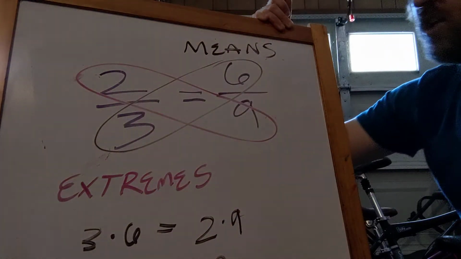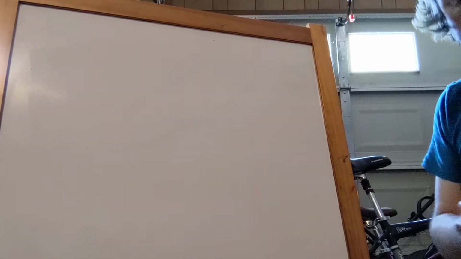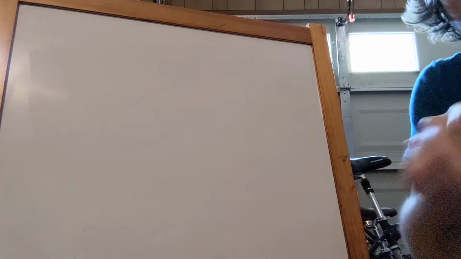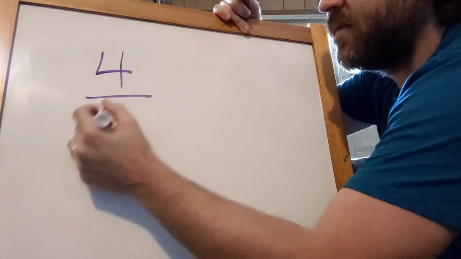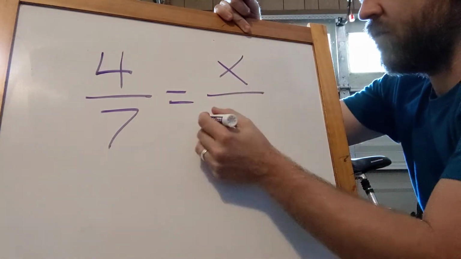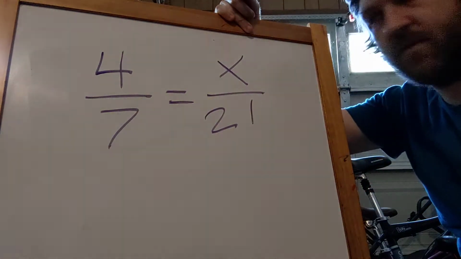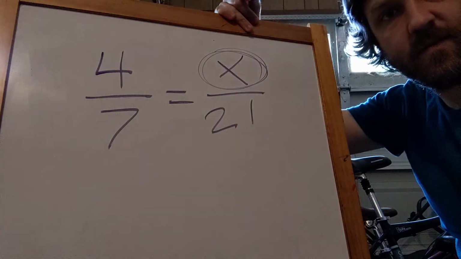So let's say I don't know everything in my proportion. I have a proportion, and it is 4/7 is equal to x over 21. I don't know what this is.